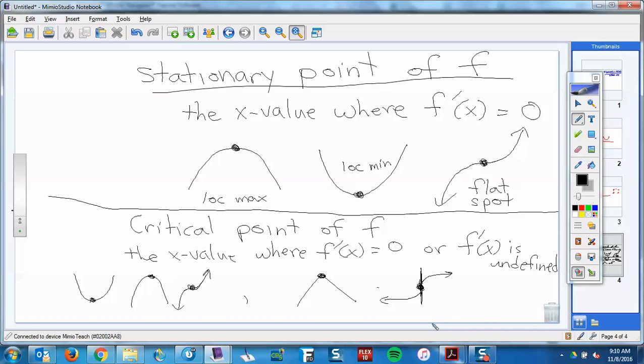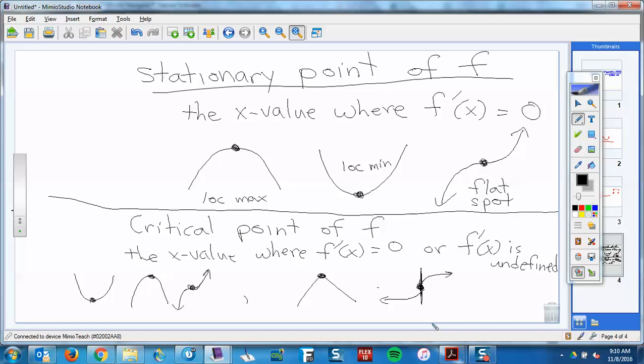So critical points and stationary points. In the early stages, we'll talk a lot about stationary points. We'll ignore these sharp points at weird places where something crazy is happening. But then later on, we'll bring those in more. So in the early stages, we worry more about nice graphs that are smooth and that curve and that don't have those sharp points, so we don't get into those a whole lot.